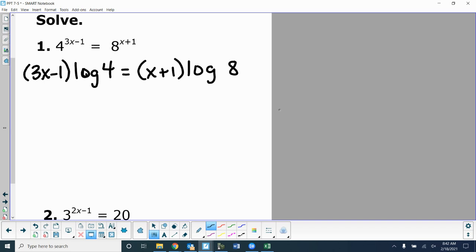That's one of our rules for logarithms. Now, the next step is to take that log of 4 and divide it to move it to the other side. So those would cancel.